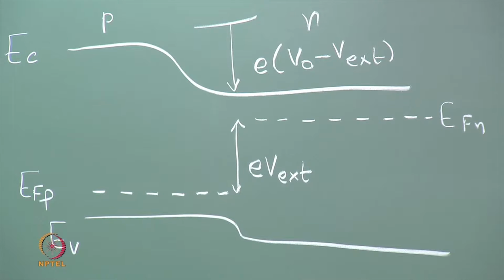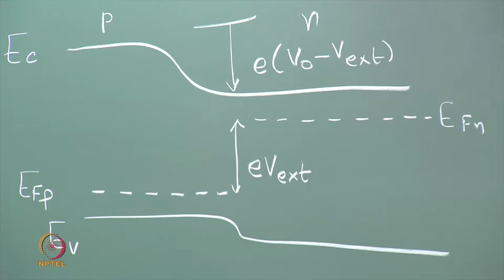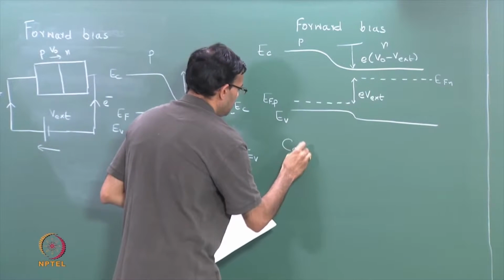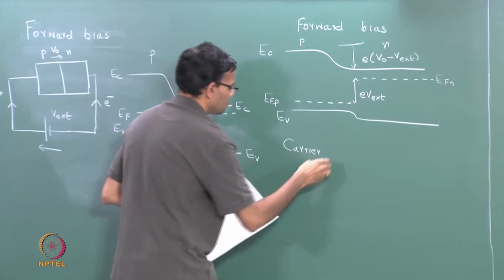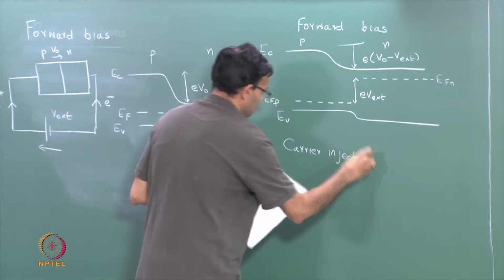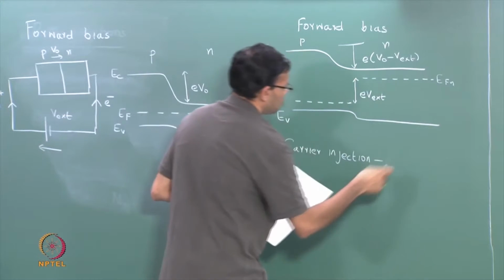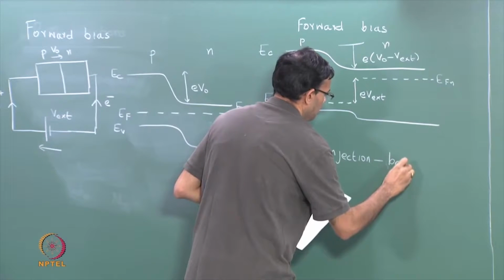Because your barrier is reduced, you now have an injection of carriers. So you have electrons injecting from the N to the P and holes from the P to the N. So we have carrier injection because the barrier is lowered.